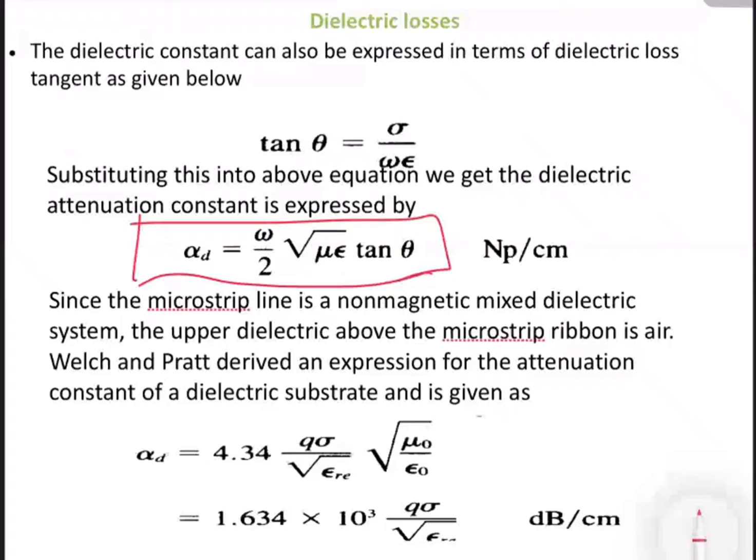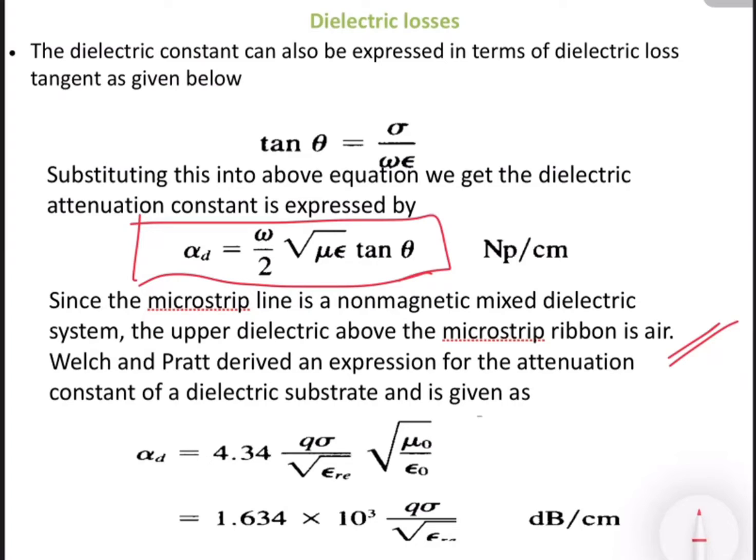Okay, and as we are making use of microstrip line, which is a non-magnetic mixed dielectric system where the upper dielectric above the microstrip ribbon is air, the dielectric loss will vary.